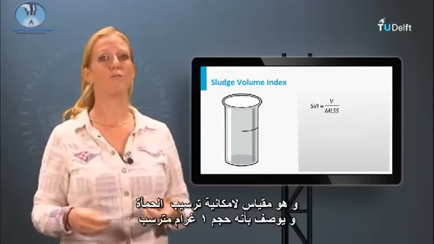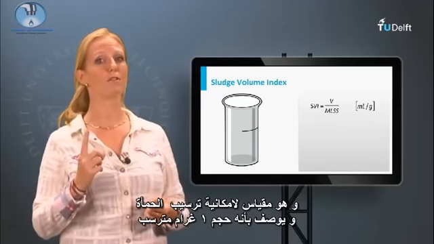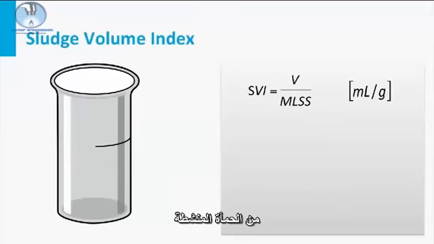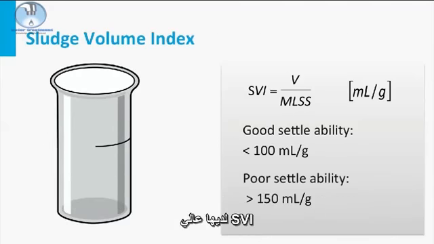This is a measure for the sludge settleability and is described as the volume of 1 gram settled activated sludge. Sludge that settles well has a low sludge volume index, while poorly settling sludge has a high SVI. The latter is known as bulking sludge.